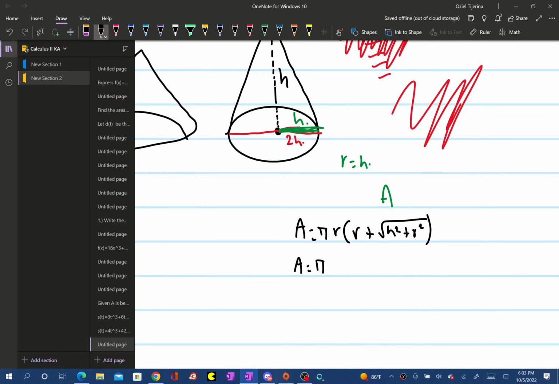A spherical plastic ball has a diameter of 4 inches. What is the volume of the ball to the nearest cubic inch? So, a spherical plastic ball. Okay. So, have something like this. Whatever.